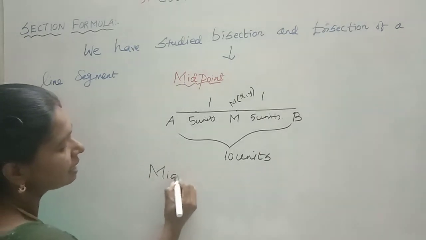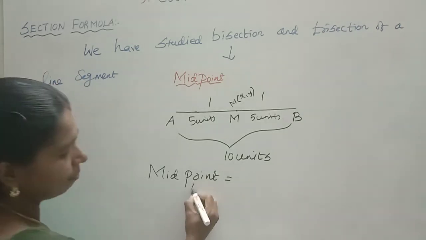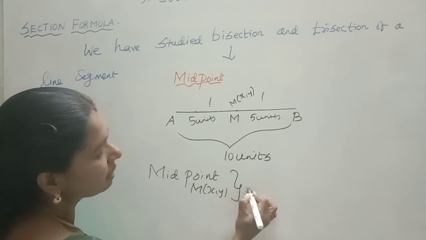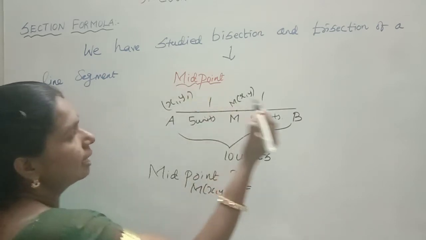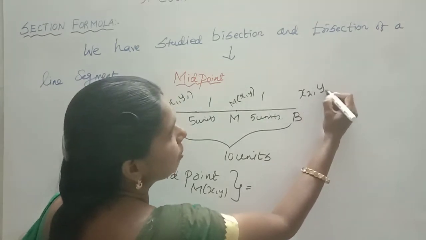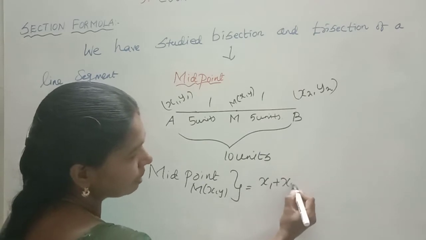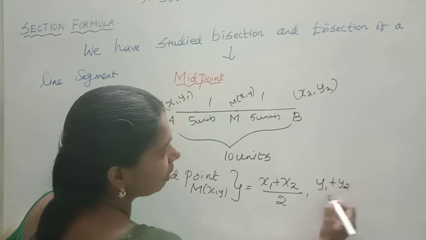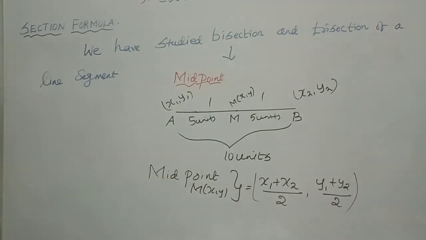Suppose A is (x1, y1) and B is (x2, y2), then the coordinates of the midpoint are ((x1 plus x2) by 2, (y1 plus y2) by 2). Understand? This we have studied and we have done exercise 5.3 also.